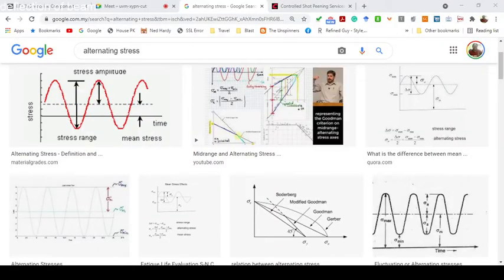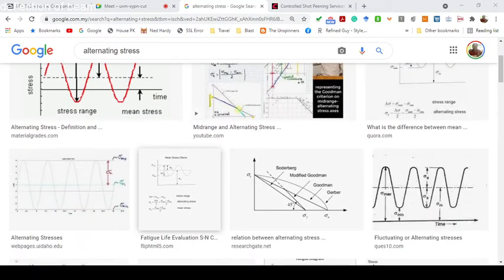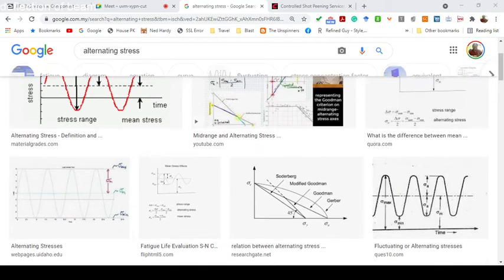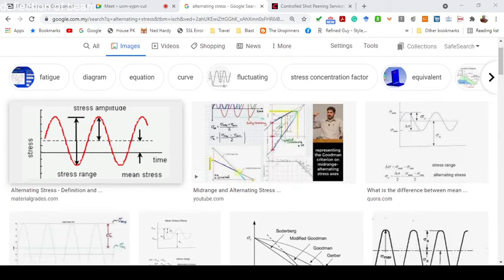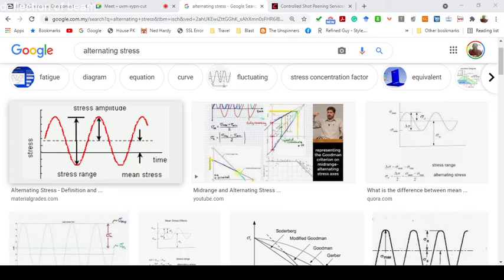What does it mean by alternating stress? You see here, because a spring always moves up and down, it becomes an alternating process.